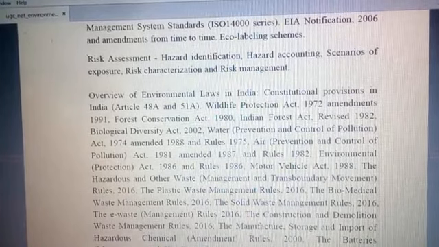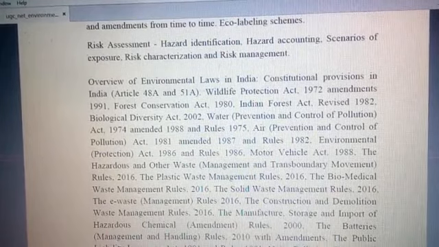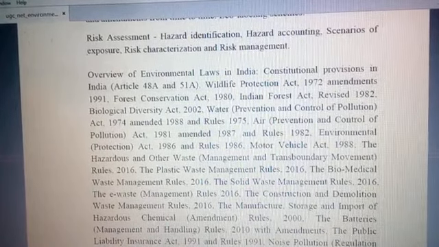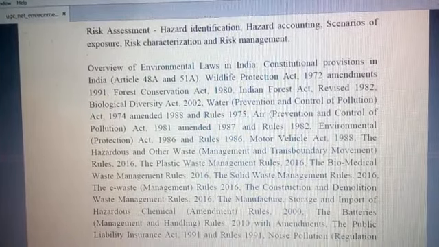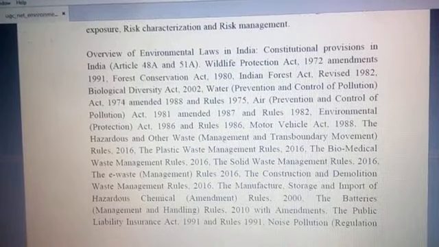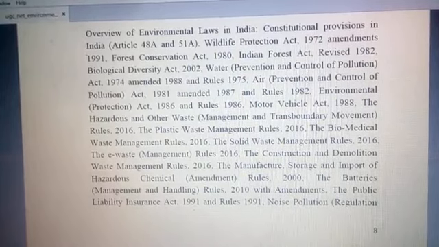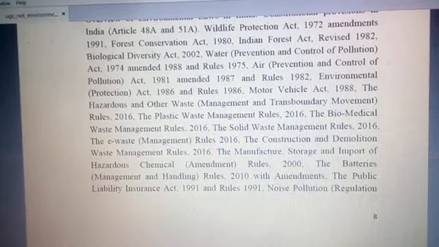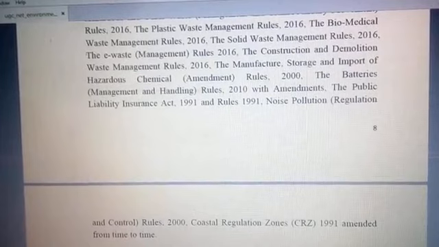The Plastic Waste Management Rules 2016, the Biomedical Waste Management Rules 2016 and the Solid Waste Management Rules 2016, the E-Waste Management Rules 2016, the Construction and Demolition Waste Management Rules 2016 and the Manufacture, Storage and Import of Hazardous Chemicals Amendment Rules 2000, the Batteries Management and Handling Rules 2010 with amendments, the Public Liability Insurance PLI Act 1991 and Rules 1991 and the Noise Pollution Regulation and Control Rules 2000.